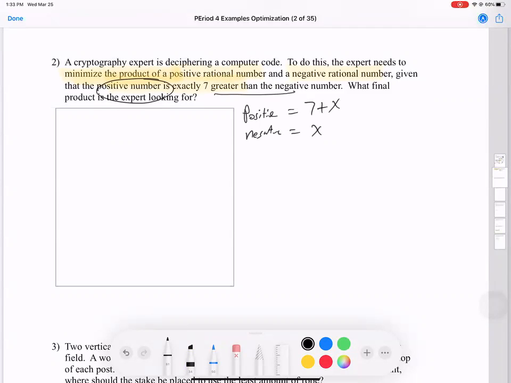And we need to minimize the product of a positive rational number and a negative rational number. The positive number is 7 greater than the negative number. And we know this guy is a negative. So we're multiplying a positive times a negative, so we end up with some product.